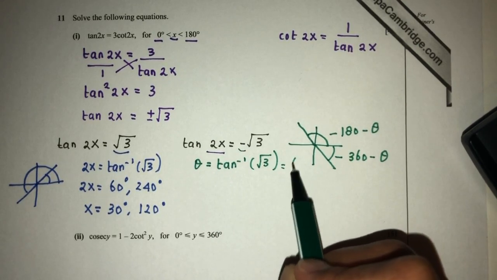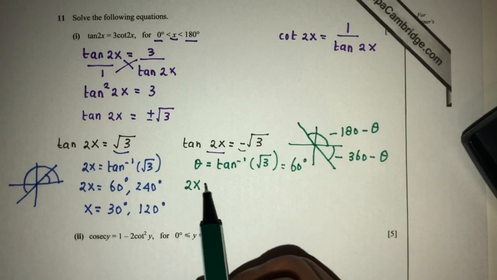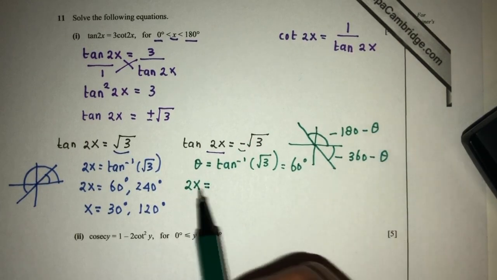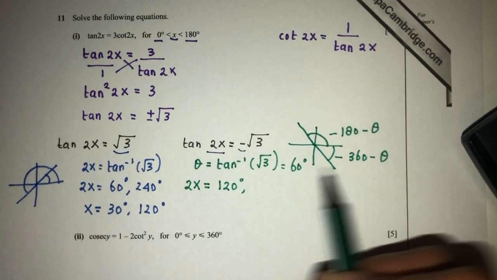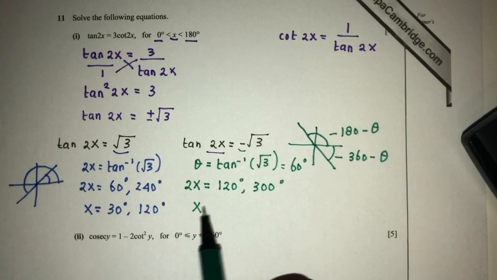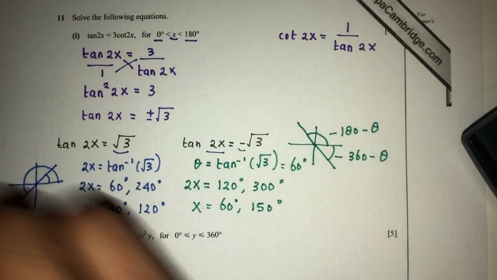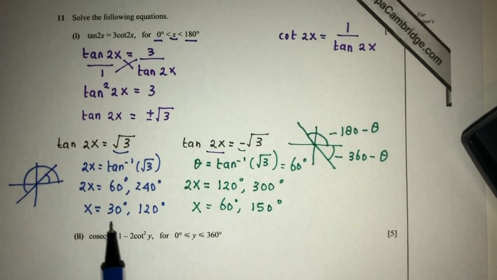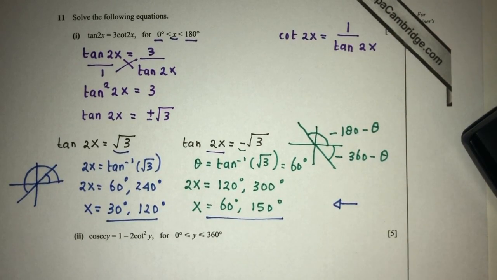That will be 60 degrees. From this, we have 2x equal to, according to the quadrant, 180 minus theta, that will be 120, and 360 minus theta, that will be 300. Now x will be 60 and 150. As you can see, you will have 4 values for your answer of x. That will be for part 1.